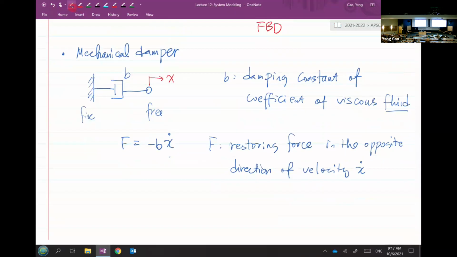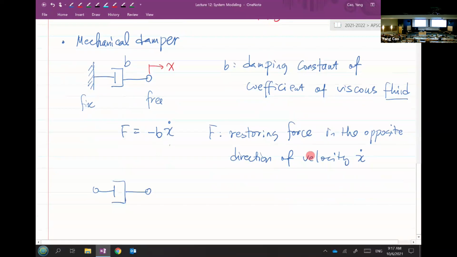So now let's look, just like the spring, at what if I have both ends free to move? Draw the reference direction for both ends of the damper and write down the B representing the damper. Okay.